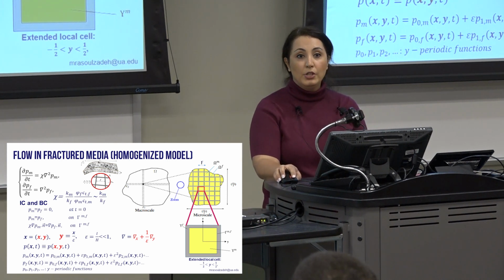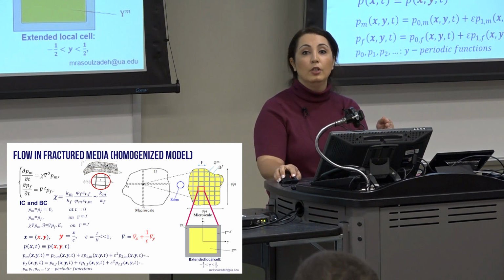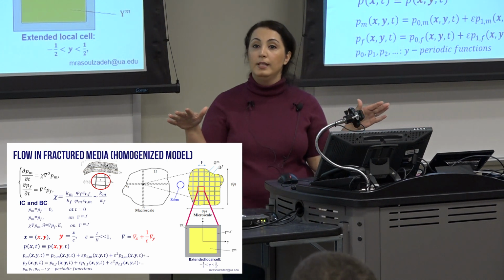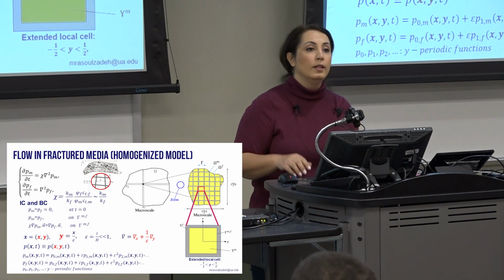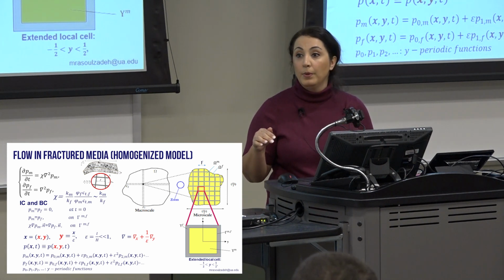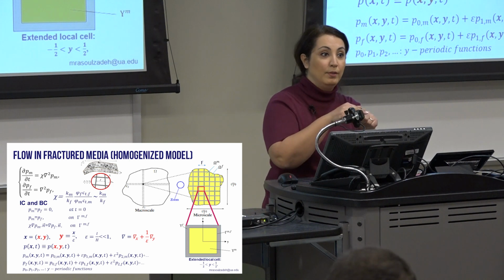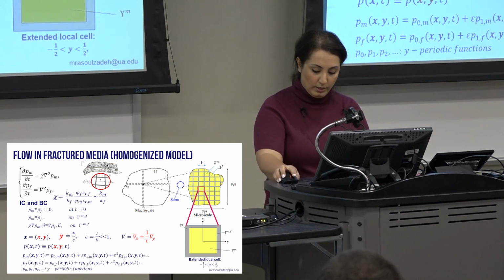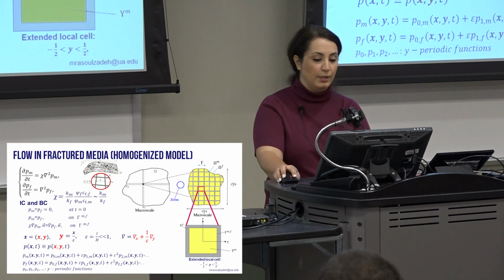And for pressure in matrix and fracture, I look at the average pressure at the upper scale of the medium, and also all those little fluctuations in the pressure because I am in this fracture or in that fracture. So a kind of asymptotic expansion for the pressure.